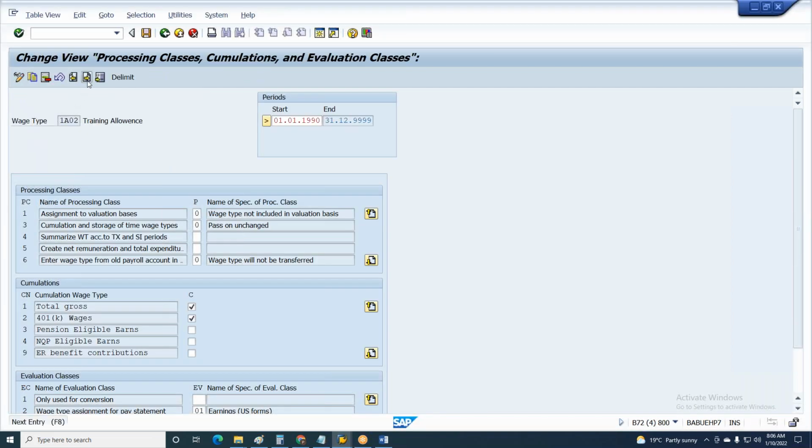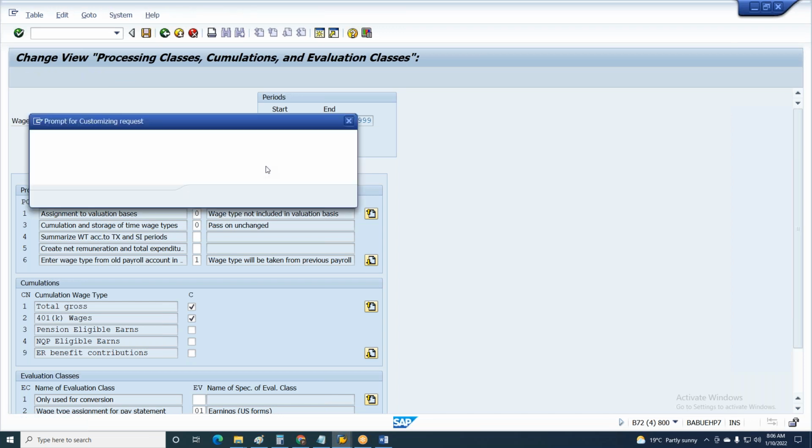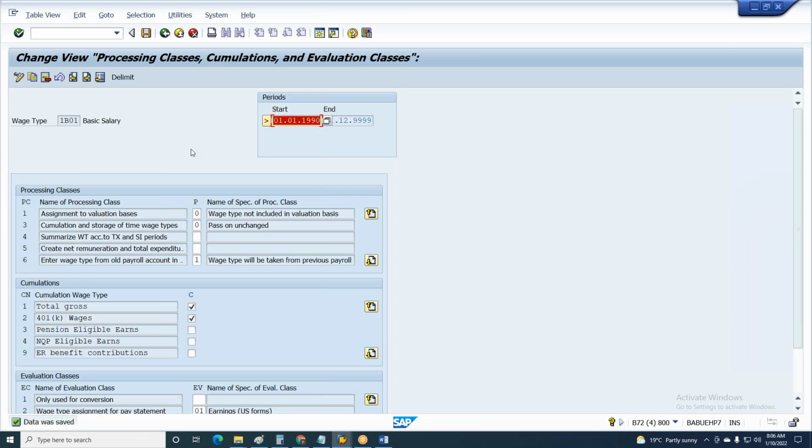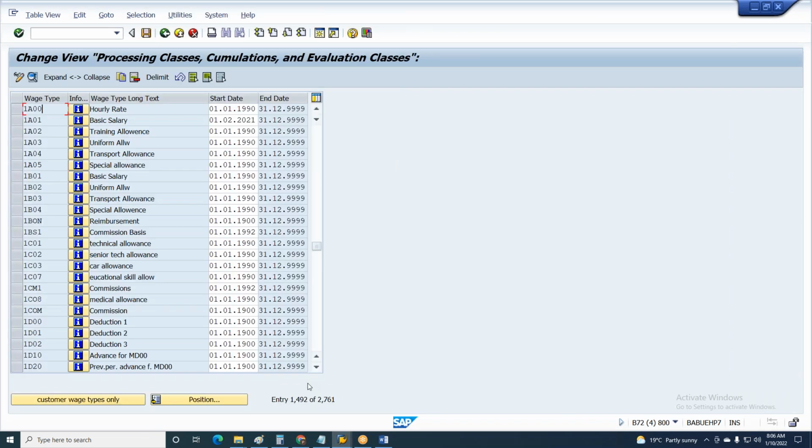Now, uniform allowance 2, perfect. Transport allowance 3. Make sure you have it, the respective specifications. So all InfoType 8 wage types are maintained with processing class 01.